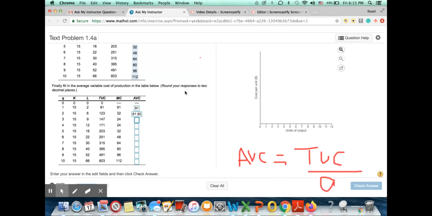Now round it to 2 decimal places. 147 divided by 3, that's 49. 171 divided by 4, I got 42.75.